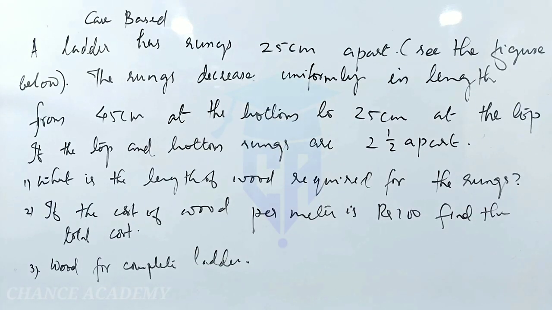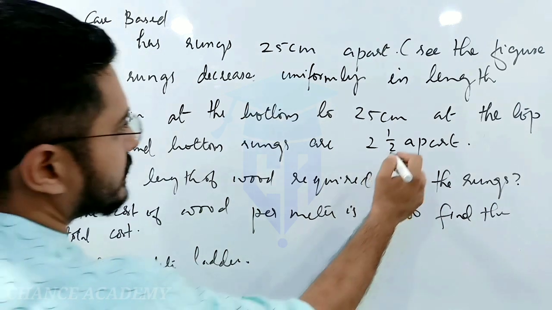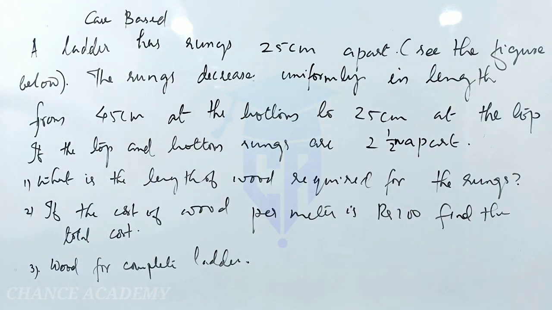The next question, it's from arithmetic progression. A ladder has rungs 25 cm apart. The rungs decrease uniformly in length from 45 cm at the bottom to 25 cm at the top. If the top and bottom rungs are 2 and 1/2 meters apart. So in this question, the distance between the top and bottom rungs is 2 and 1/2 meters. That is 5/2 meter.